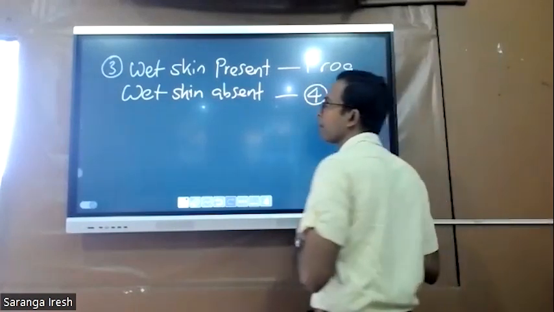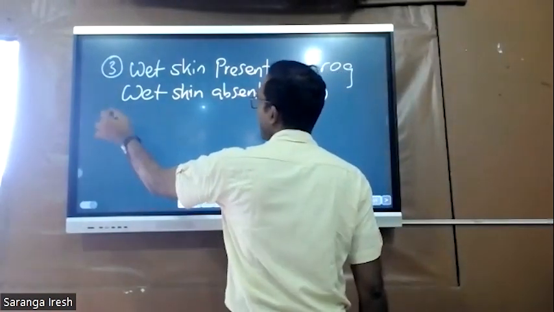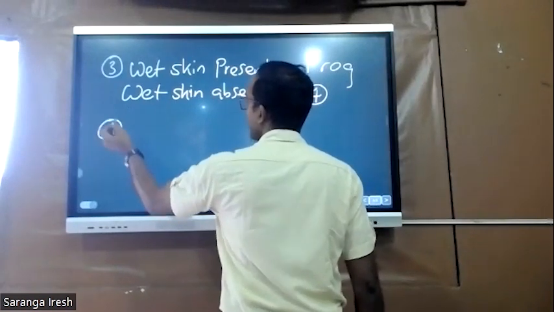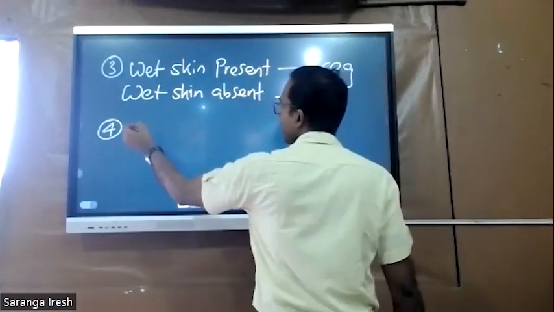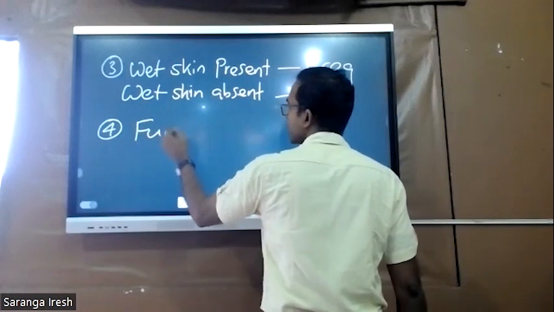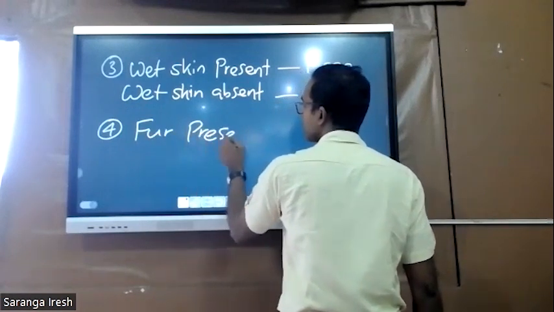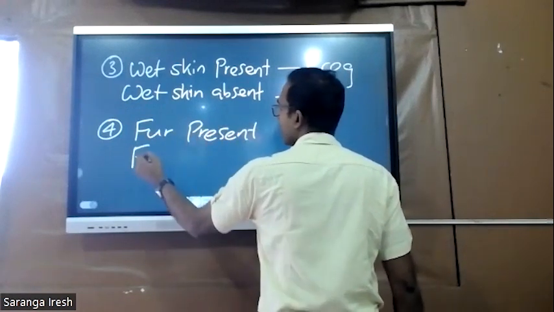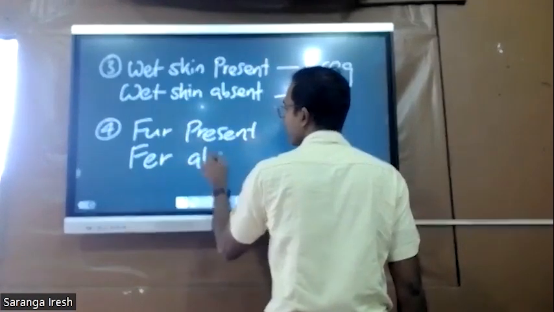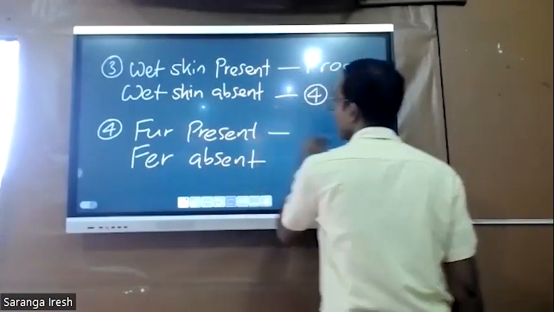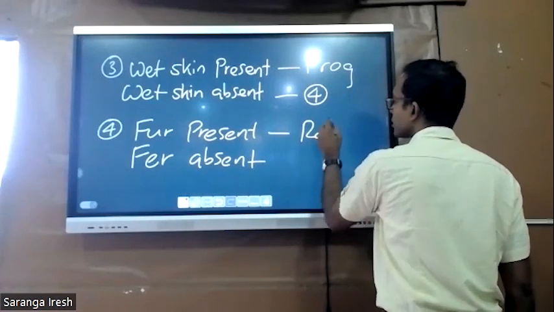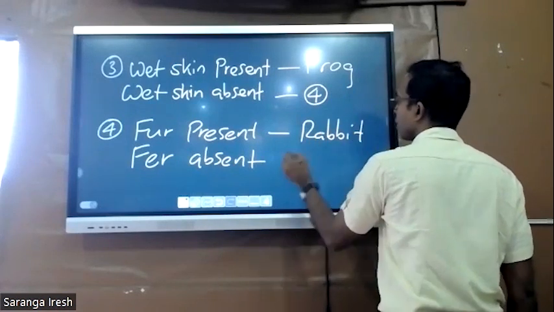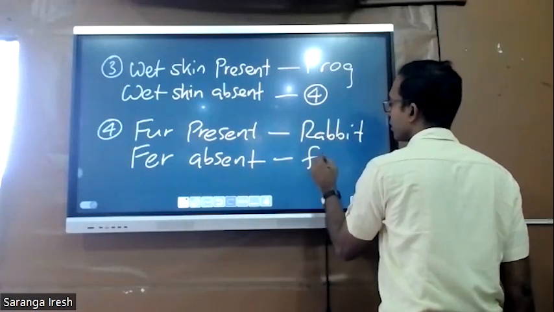Scales are there. And then number 4, rabbit and fish, fur. Fur is present in rabbit. Fur is absent in fish.